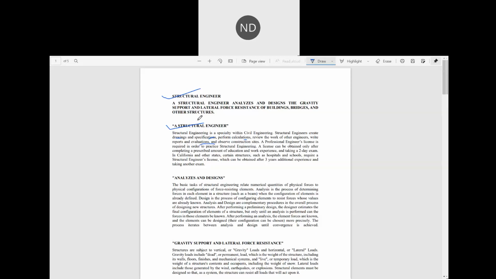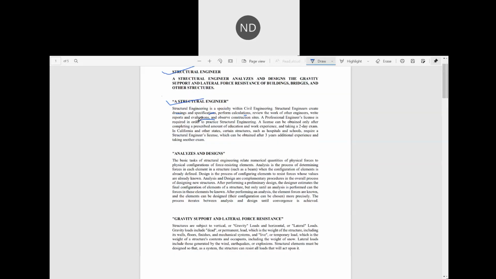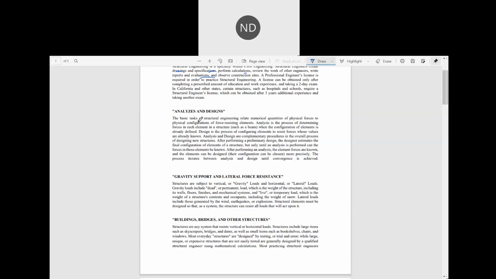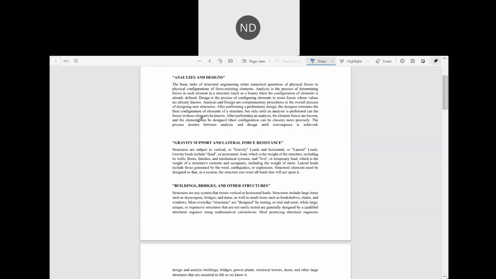But there are different engineers, like water resource engineers, who deal with water resources like the pipelines for PHE, sewage treatment plants, water treatment plants, etc. The structural engineer basically deals with the structures: the design, formation, analysis, calculation, and the building up of the structure is done by your structural engineer.